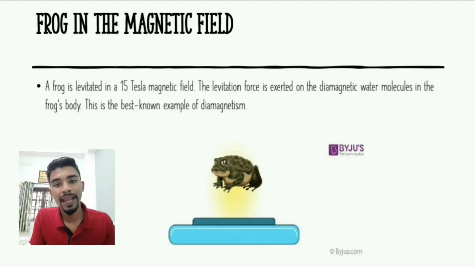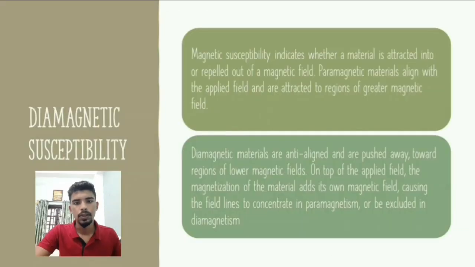So in simple words, again explaining what is diamagnetism, it is basically the repulsion of the applied magnetic field. That is the reason a frog placed in a magnetic field experiences a force and levitates in the air.